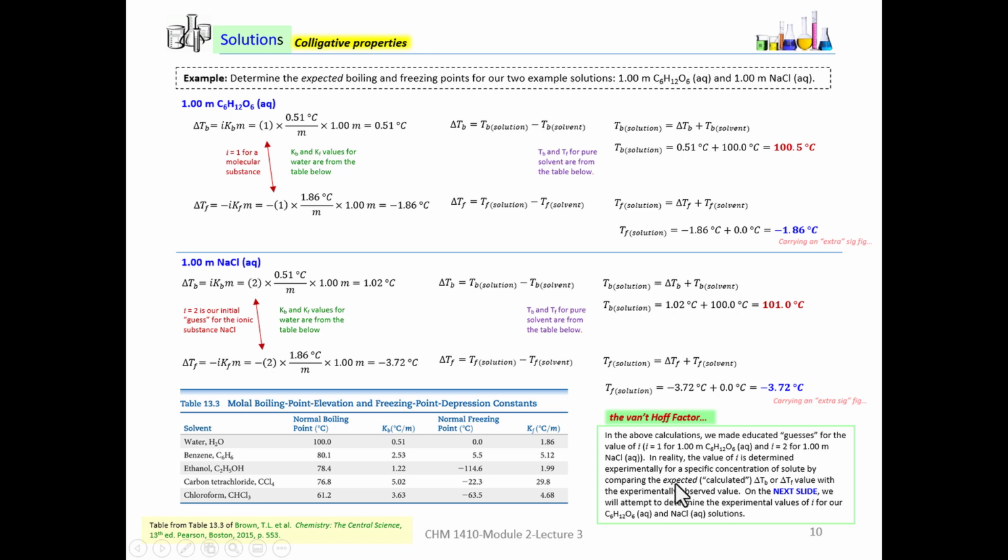Now in reality, the value of i is determined experimentally for a specific concentration of solute by comparing the expected or calculated boiling point elevation and freezing point depression values, which is what we calculated here, the expected ones, with the experimentally observed values. So on the next slide, we will attempt to determine the experimental value of i for both of these solutions.